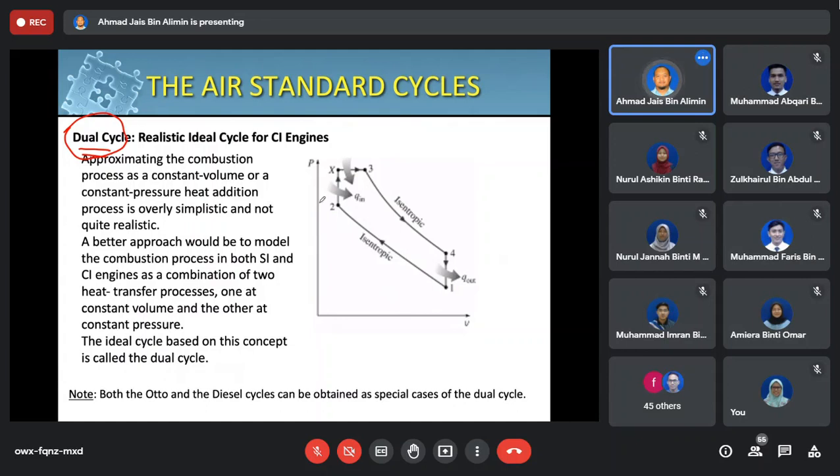How they are pushing the engines towards this dual cycle is by preparing a combustion system which utilizes both the spark ignition concept and the compression ignition concept. So this ideal cycle is called the dual cycle. So if you notice here, look at the dotted line.